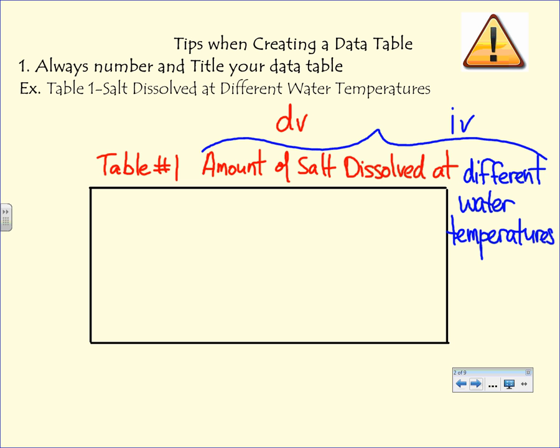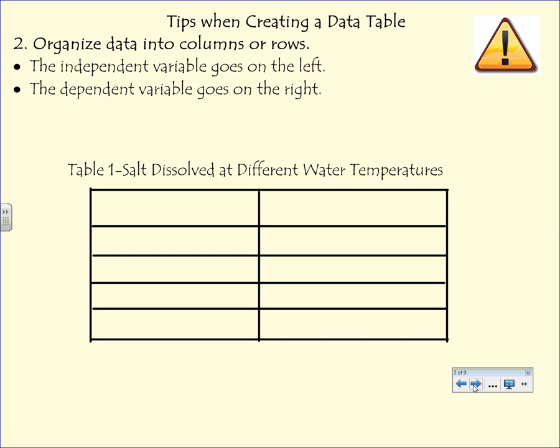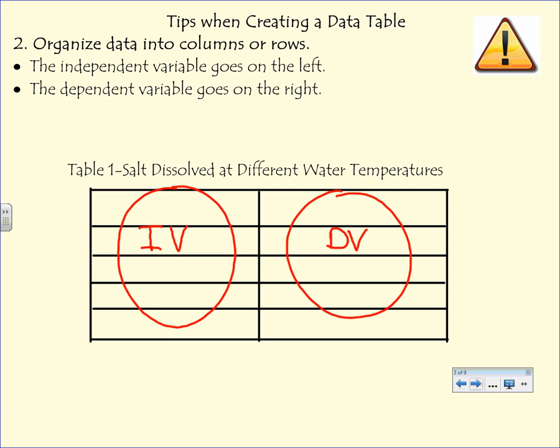So you've numbered it, you've given it a good title. Now item number 2. You need to separate your data table into columns and rows according to the amount of data that you've collected. It's very logical in that on the left-hand side, that's going to be the independent variable. And on the right-hand side, it's going to be the dependent variable.